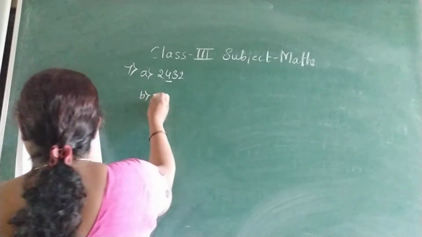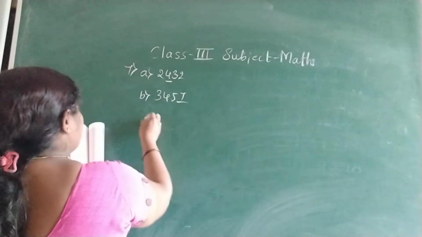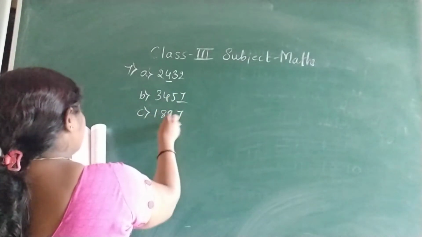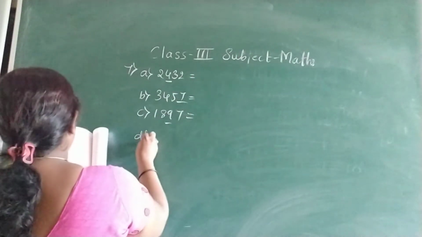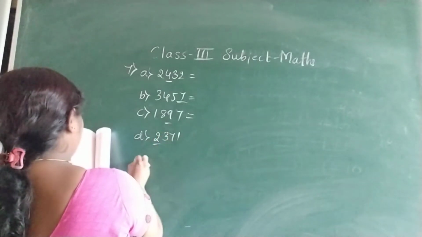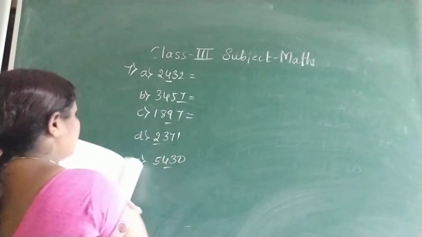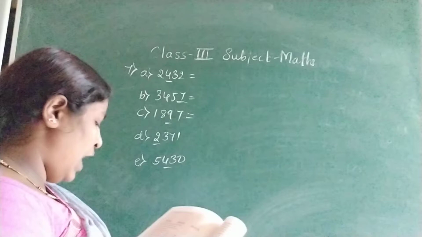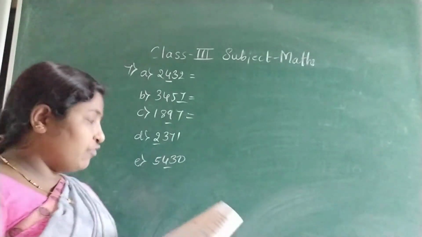B. 3,457. C. 1,897. D. 2,371. E. 5,430. So we should write the place value and face value.